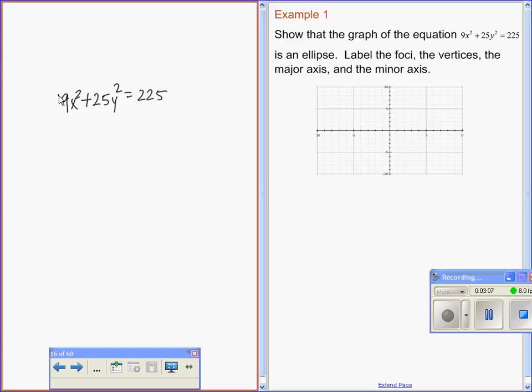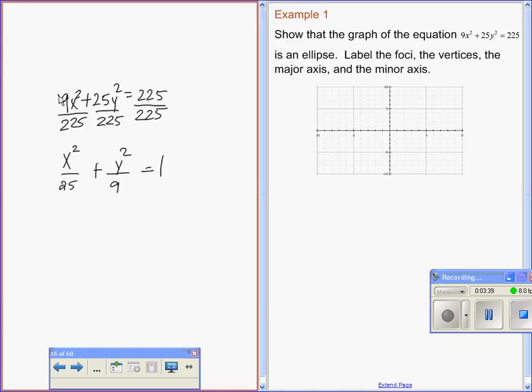And if you remember, an ellipse is going to be in the form of x squared plus y squared, maybe some denominators, but when the x squared and the y squared are on the same side, we have it equal to 1. So we're going to divide both sides by the 225 and see what happens. When we divide both sides by 225, we end up with x squared over 25 plus y squared over 9 is equal to 1.